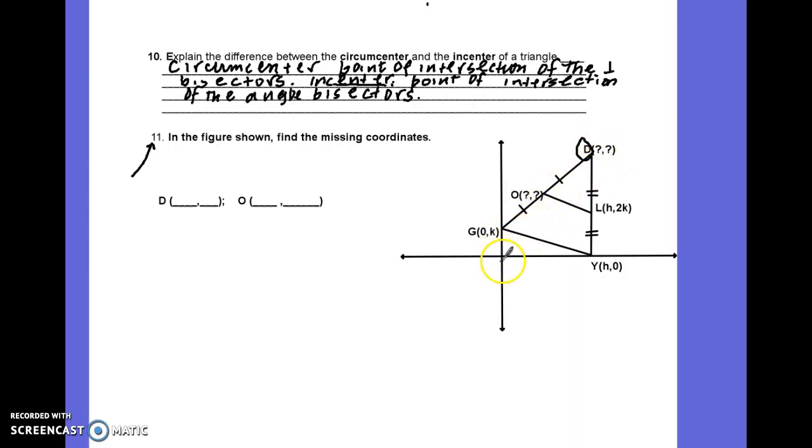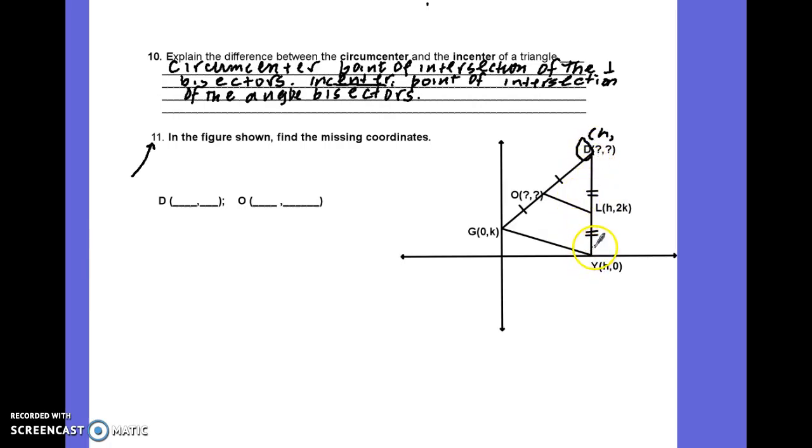All we need to do is find out how far we come over to the right to find the x coordinate. It's given by this h right here. So the x coordinate of D is going to be h, and the y coordinate is a little bit trickier, but it's going to be how far we go up from the x-axis.